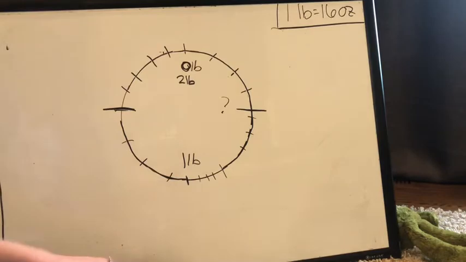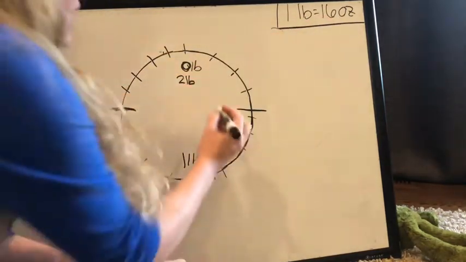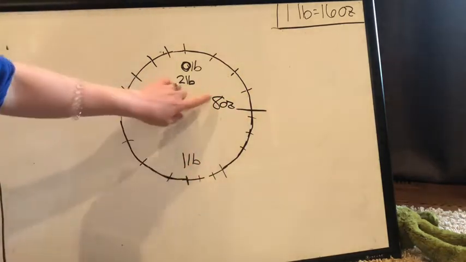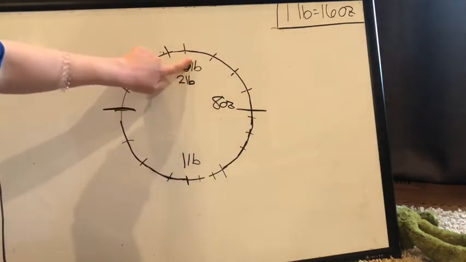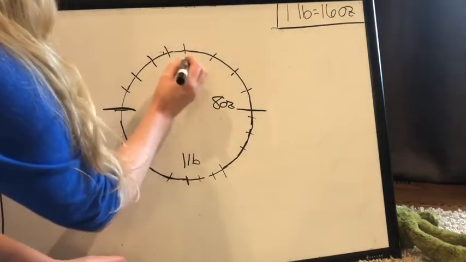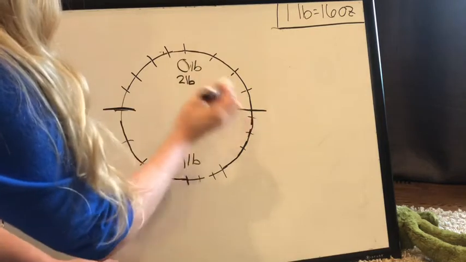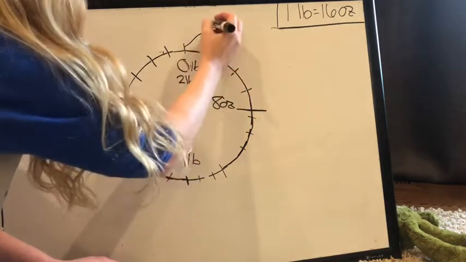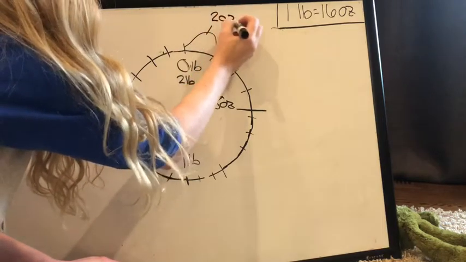I know that 1 pound is 16 ounces. So half a pound would be 8 ounces. So if we go from 0 to 8 in 4 steps, that means that each step is 2 ounces.